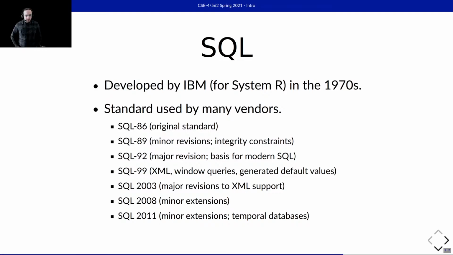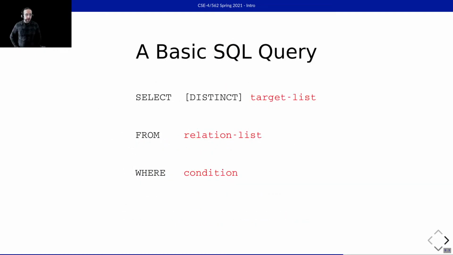SQL 92 in particular is roughly where I believe Spark is, and it's essentially what pretty much every SQL system supports. There are additional extensions on top of that that may or may not be implemented, but that's the basis, and that's what we're going to be talking about today.